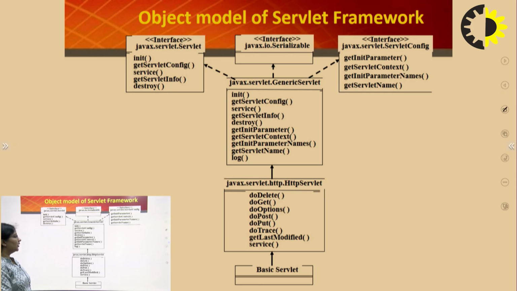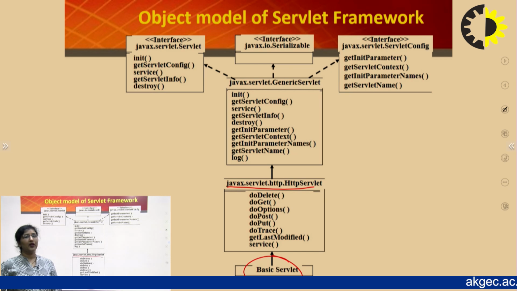And if I talk about javax.servlet.http.HttpServlet, then the functions are doDelete, doGet, doOptions, doPost, doPut, doTrace, getLastModified, and service. These are all the functions and interfaces provided in this framework.